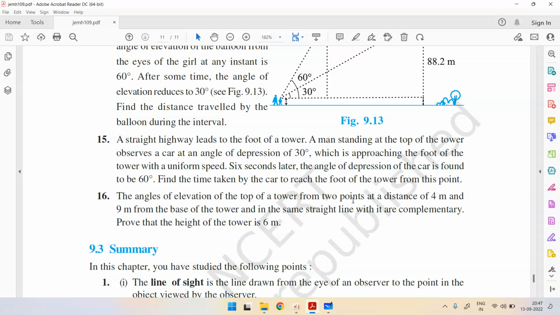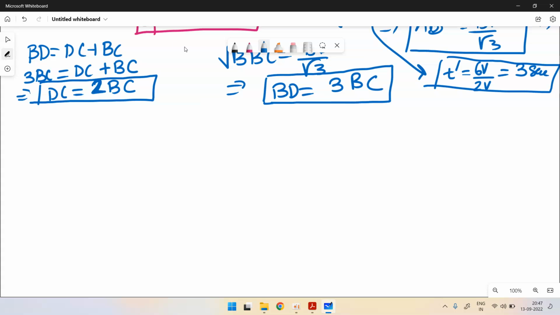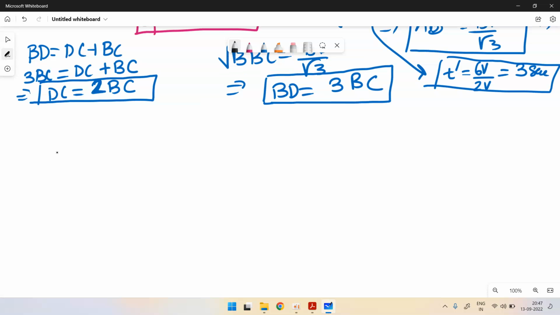So this is another good question, and the last question of the exercise in this chapter also.